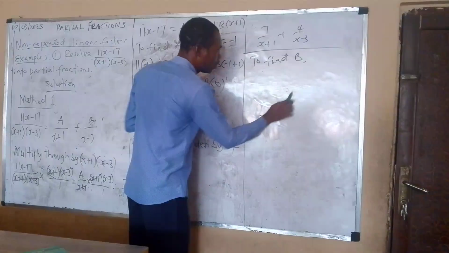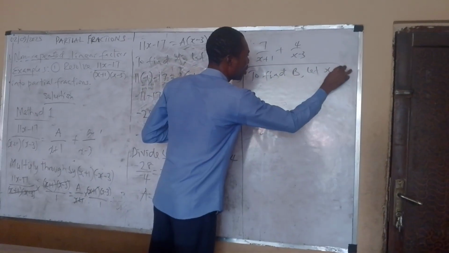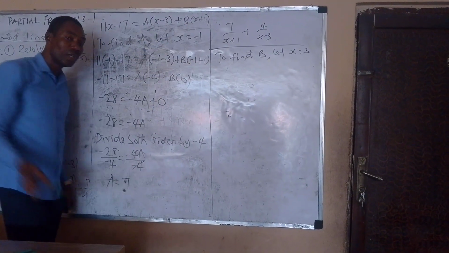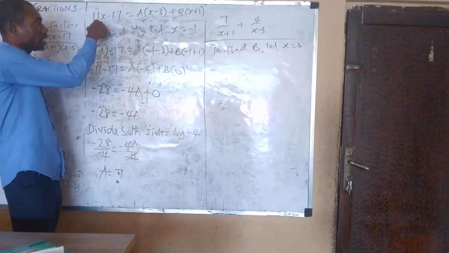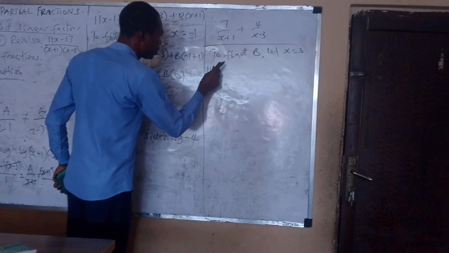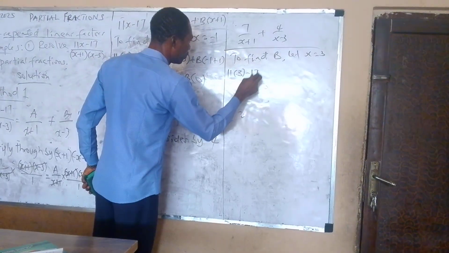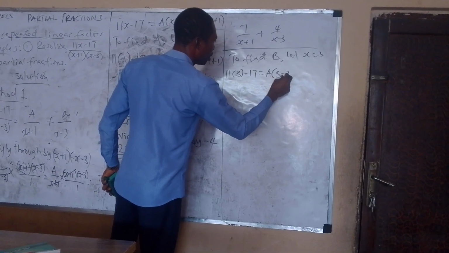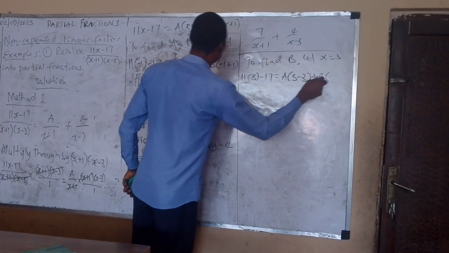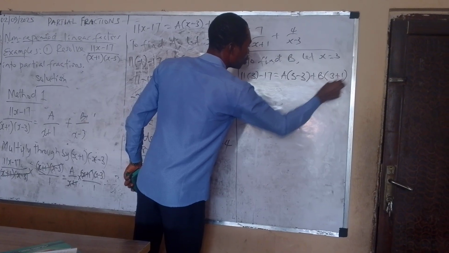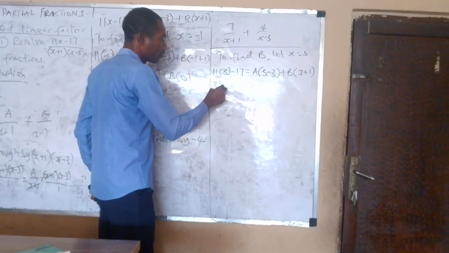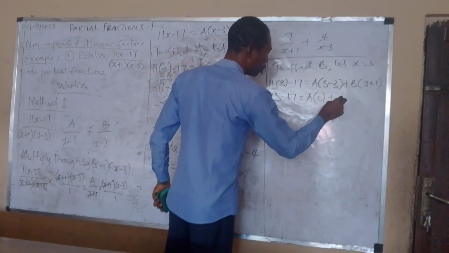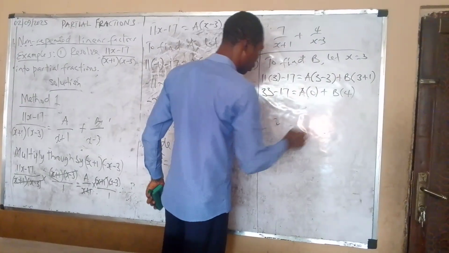Now to find b, we select x equals 3. So anywhere I see x in this equation, I put 3. Don't forget that. So 11x means 11 times 3 minus 17 equals a into bracket x, which is now 3 minus 3, plus b into bracket x, which is 3, plus 1. 11 times 3 is 33 minus 17. 3 minus 3 is 0, and 3 plus 1 is 4.